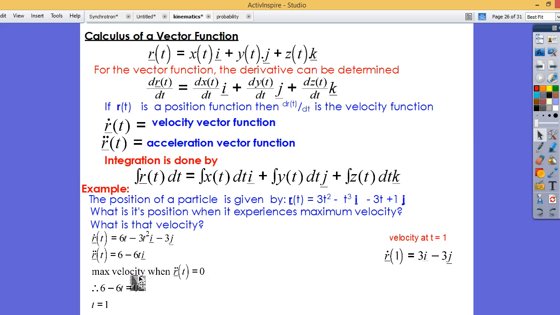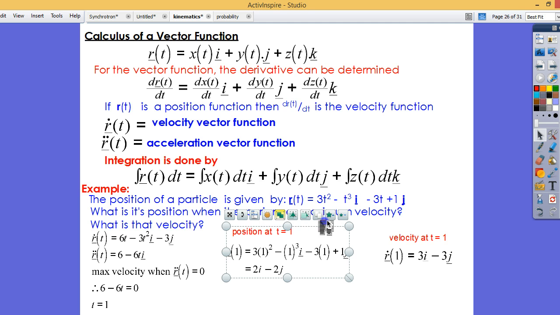Now the maximum velocity occurs when the acceleration is equal to 0. Think of the maximum rate of change. Maximum rate of change occurs at something like a point of inflection. That's when the second derivative is equal to 0. So we take our second derivative, which is our acceleration, equal to 0, and we get t equals 1. So that's the time when we get maximum velocity.